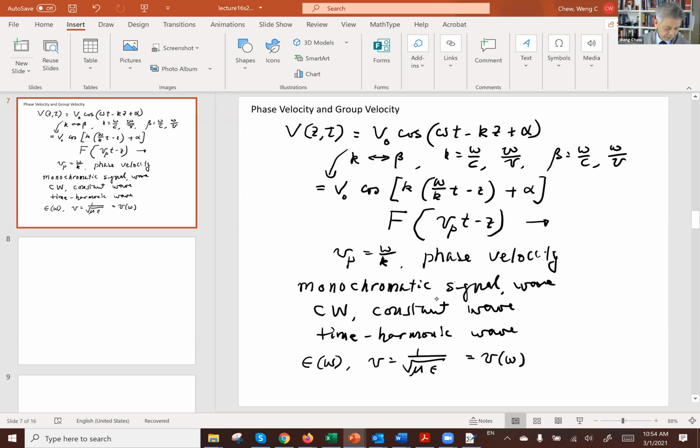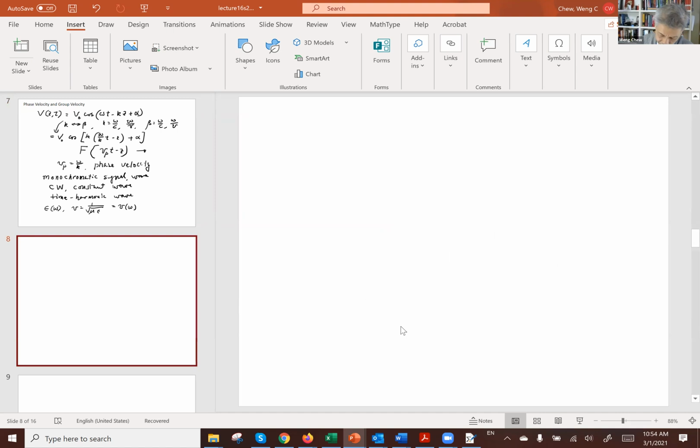velocity. And you have to define something that is different now, called the group velocity, because if I have, for instance, a signal that looks like this, this signal has to be constituted from different Fourier components because it is not a monochromatic signal.